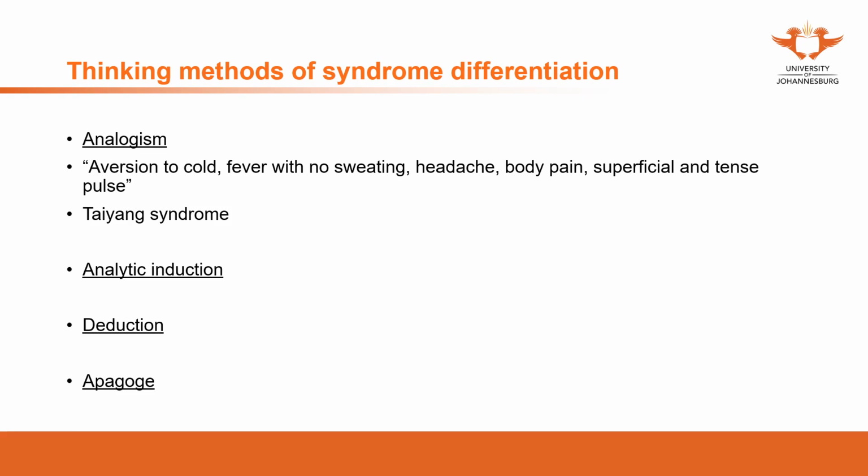The second one is the induction. What does it mean by induction? In order to apply the method of induction, the way of thinking is very important, especially from the inquiry. That's also why we need to systematize the clinical information.